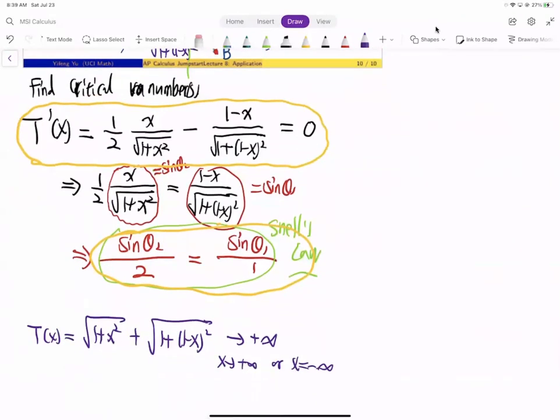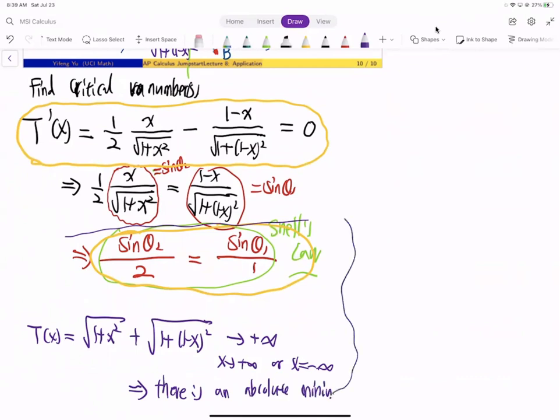So we know it has an absolute minimum value. We find it through the critical number, and because there's only one critical number, that one has to be the absolute minimum. So if you want to be rigorous, what you find through Snell's law is the absolute minimum.